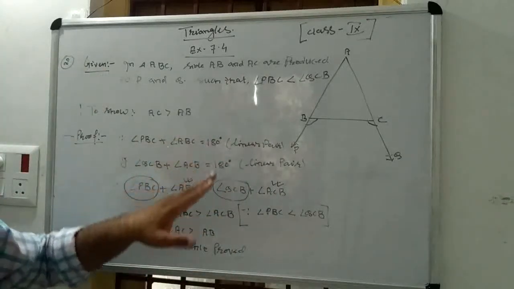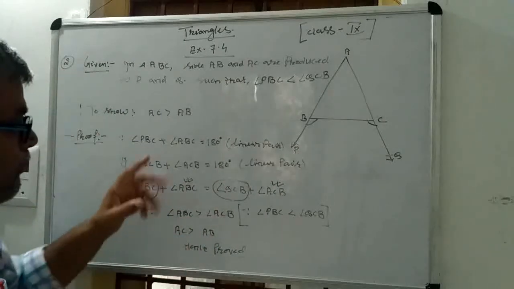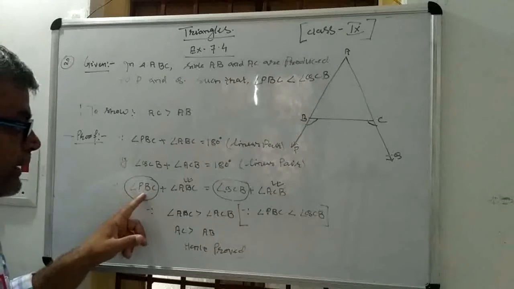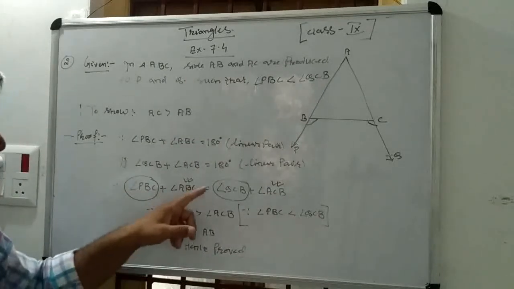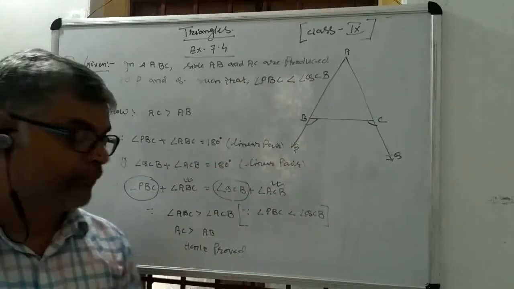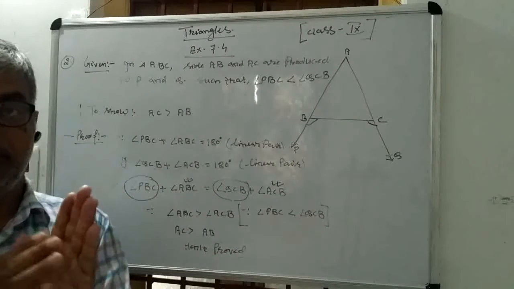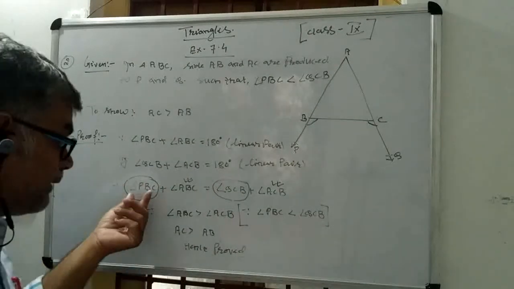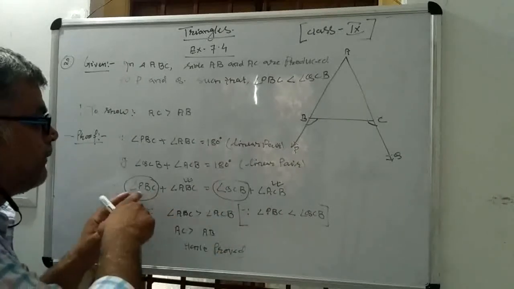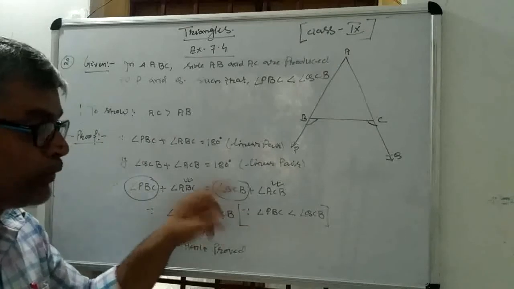Now since the RHS of both equations are the same, their LHS must be the same. So angle PBC plus angle ABC equals angle QCB plus angle ACB. Now the sums of these are equal, and it is given that one of the angles is smaller than the other. It means angle PBC is less than angle QCB.